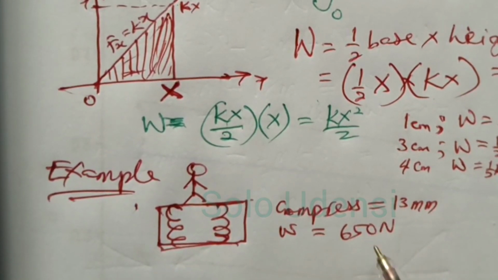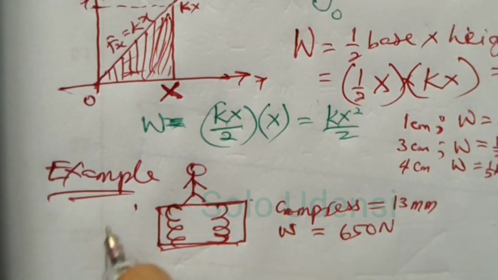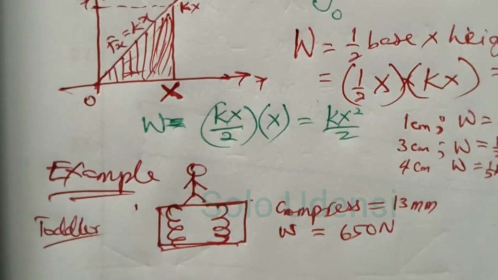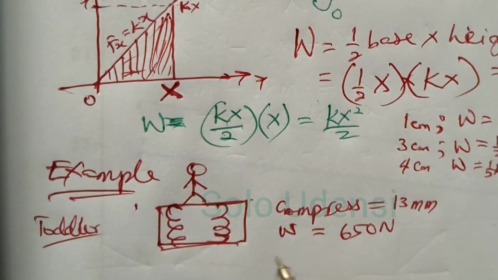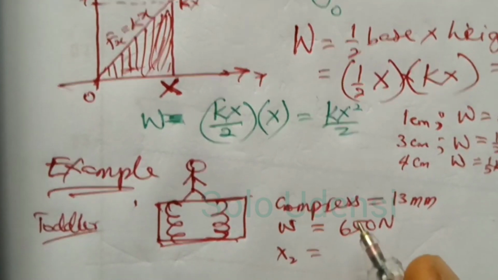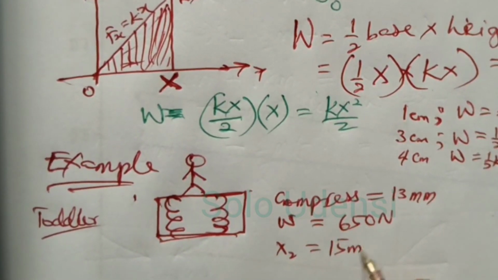and immediately her toddler, that's a child, has started crying, and the father hands the toddler over to her. You know that the weight will increase. Immediately the toddler was handed over to her, the x2 becomes 15 millimeter.